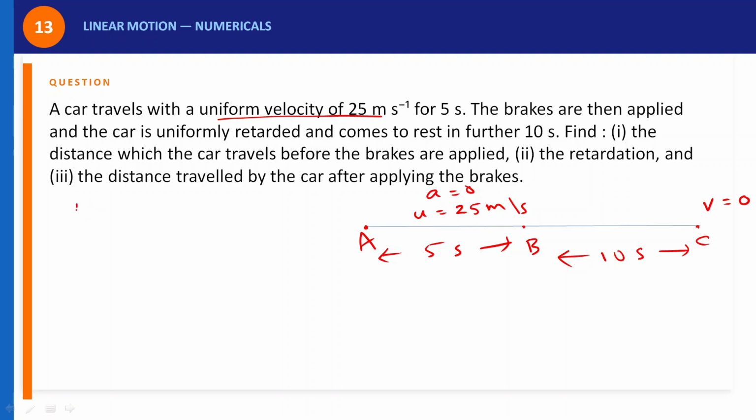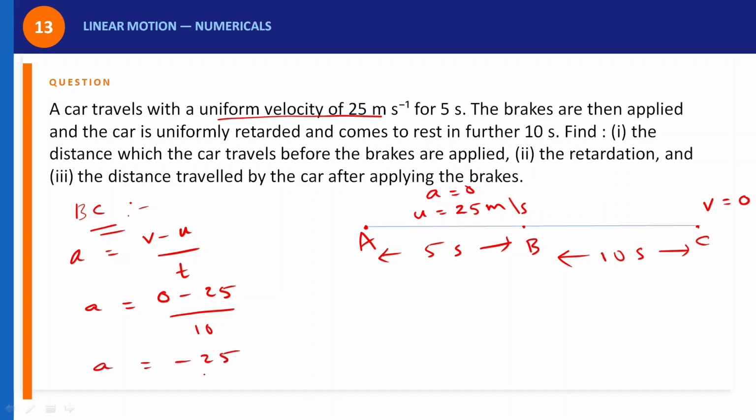We'll take the case B to C, then B is the initial, C is the final. Acceleration a equal to (v minus u) by t. a equal to final velocity 0 minus initial velocity 25, time 10 seconds. a equal to minus 25 by 10.